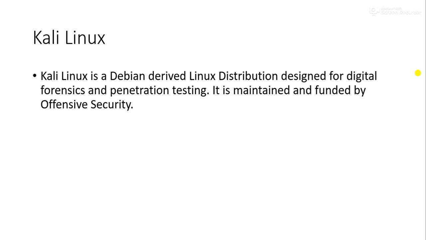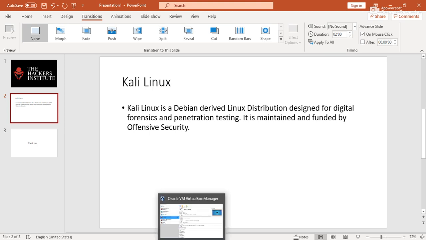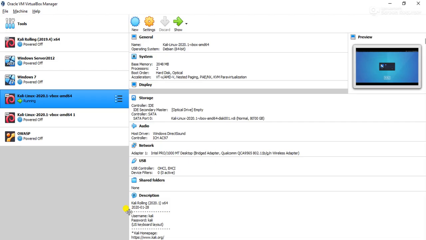Now we'll see how I have installed this Kali Linux on my computer in my VirtualBox. So just open this VirtualBox, and I have installed so many versions, 2019, 2020, so many versions are there. I'll be opening this 2020 version.